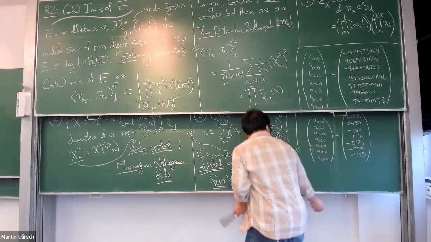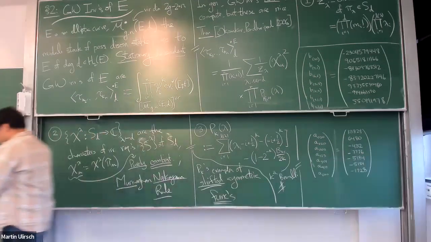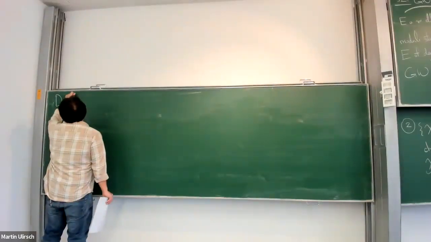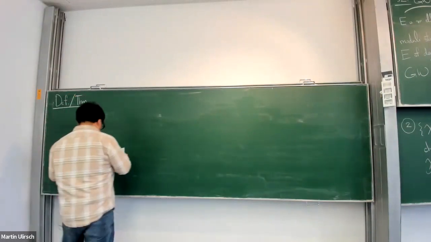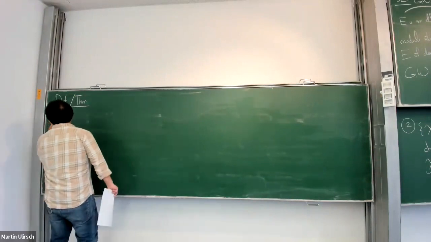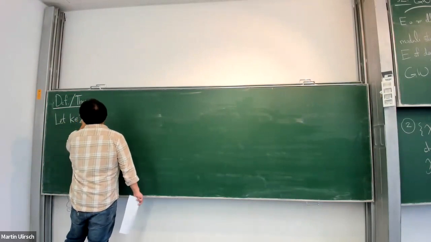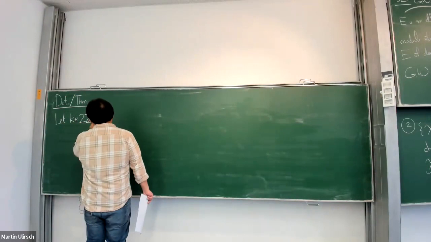So now let's jump hard into the land of modular forms for a second. Okay, a definition slash theorem. Let k be some positive even integer.